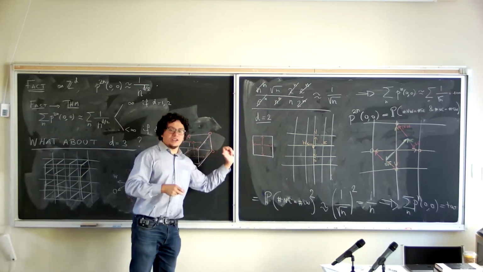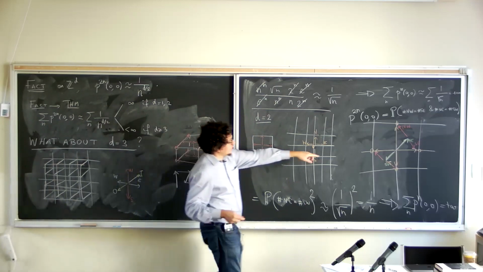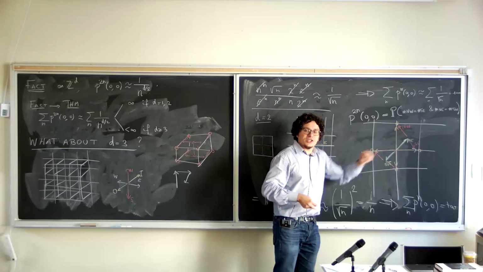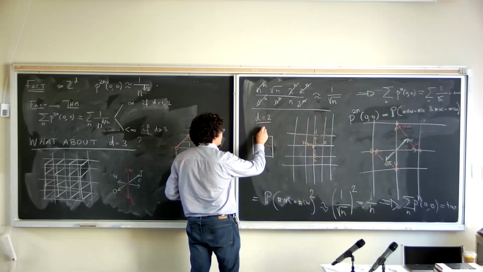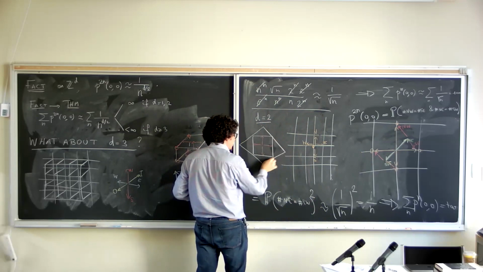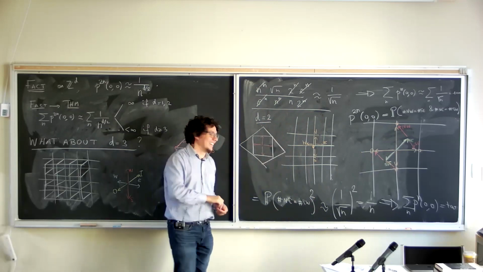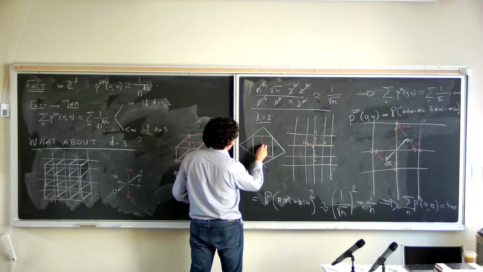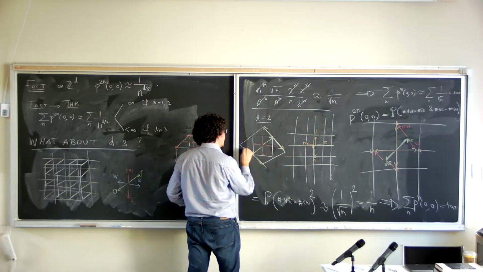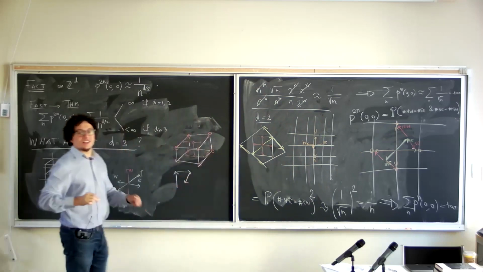And we consider the dual, so that if we do the walk, we do the walk in the dual tessellation. The dual to a square is still a square.